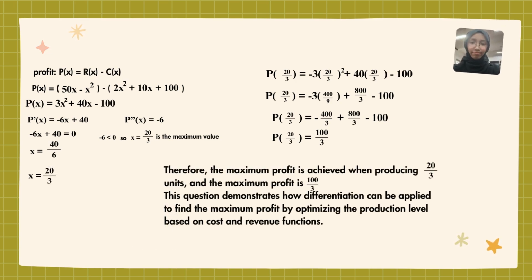Therefore, the maximum profit is achieved when producing 20 over 3 units, and the maximum profit is 100 over 3. This question demonstrates how differentiation can be applied to find the maximum profit by optimizing the production level based on cost and revenue functions.